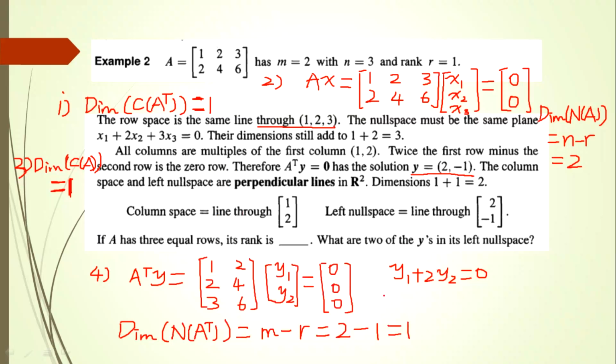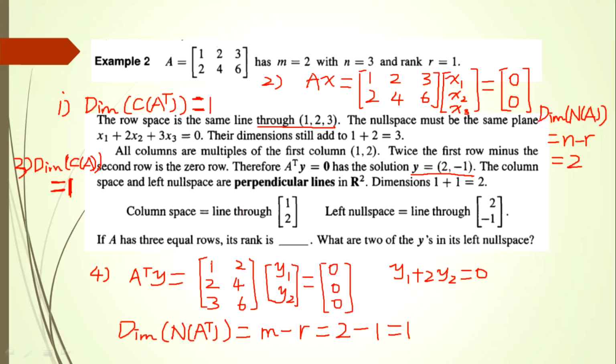Because to solve those, two variables need to satisfy one equation. There is only one free variable. If you freely choose one variable, then the other one can be fixed, right?